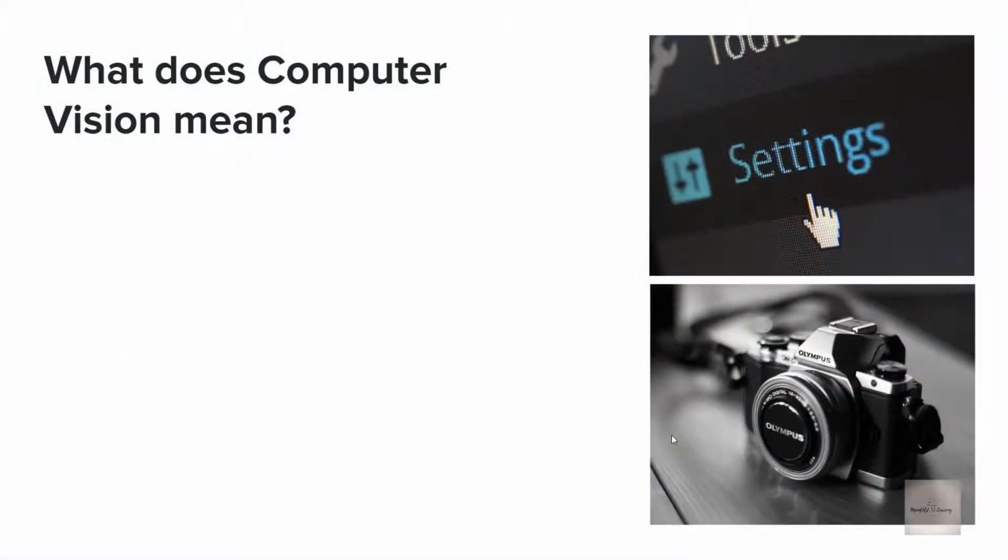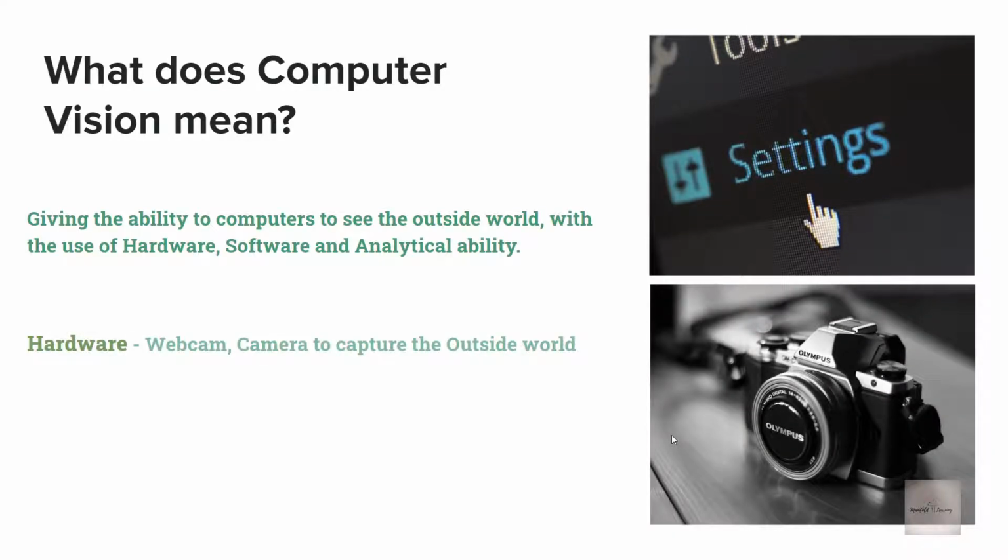First is the ability to capture the outside world. We can give this ability with the use of hardware, like webcams, HD cameras like DSLRs and many more. Even the mobiles in our hands can shoot high quality images or videos. So the first requirement of capturing the data is satisfied. The first ability is gifted to the computers.